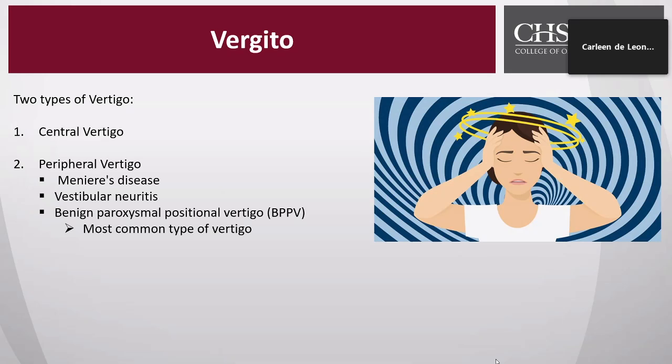Labyrinthitis is actually the inflammation of the vestibulocochlear nerve. I believe it falls under peripheral vertigo. I'll go through it, I might have it on my slide coming up.